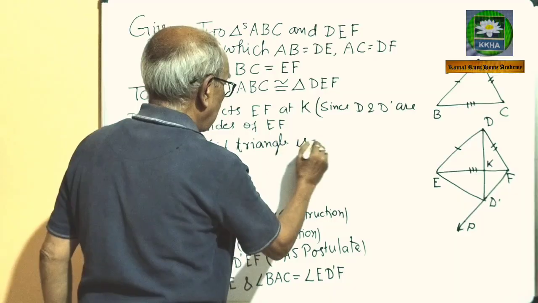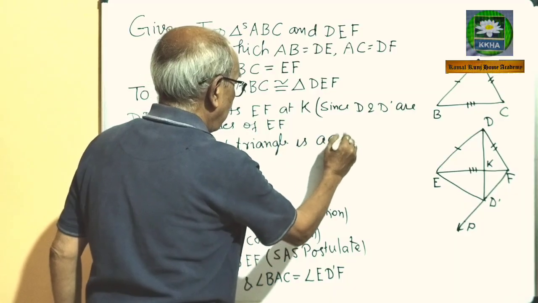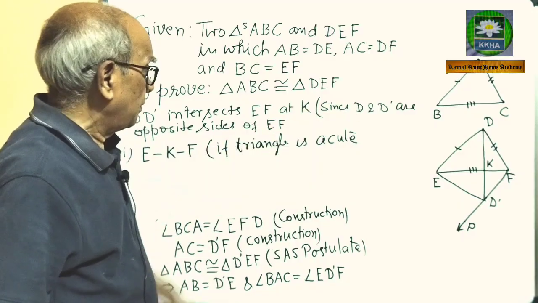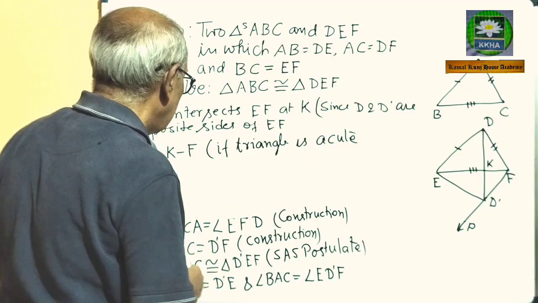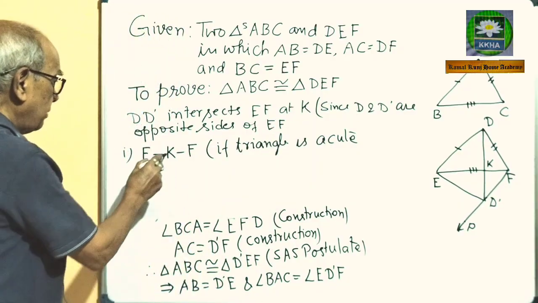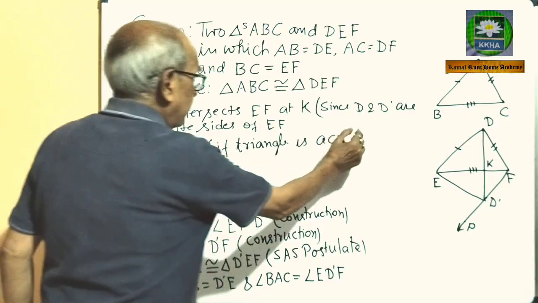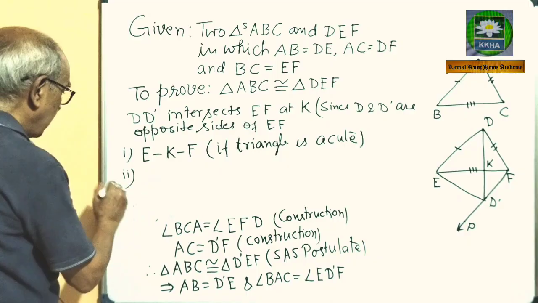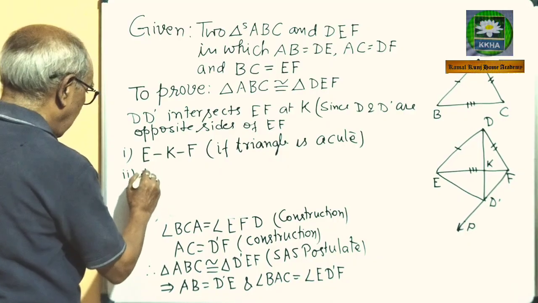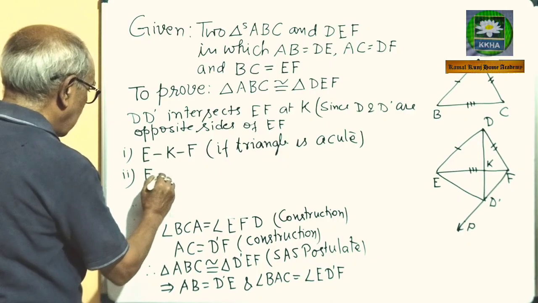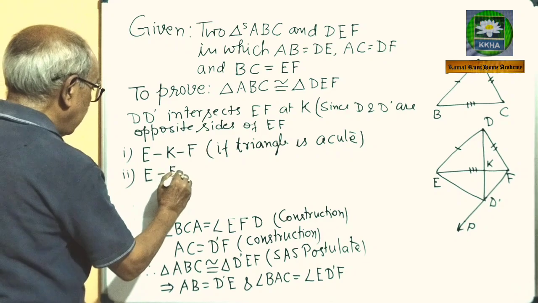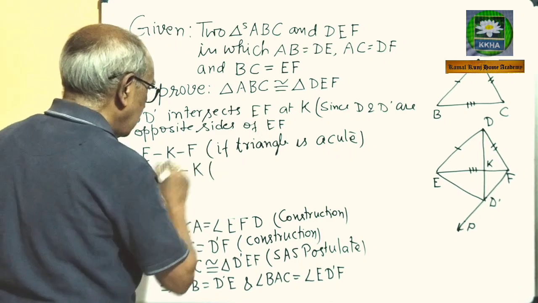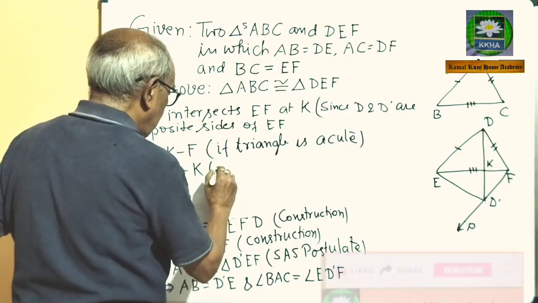Number two, F will be between E and K, in which case the triangle is obtuse.